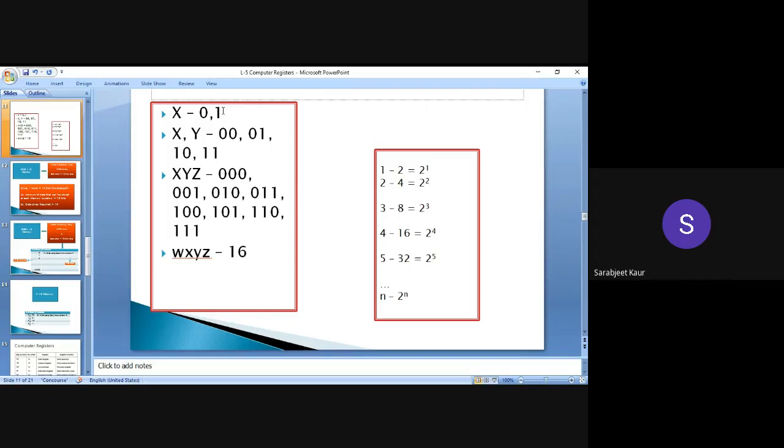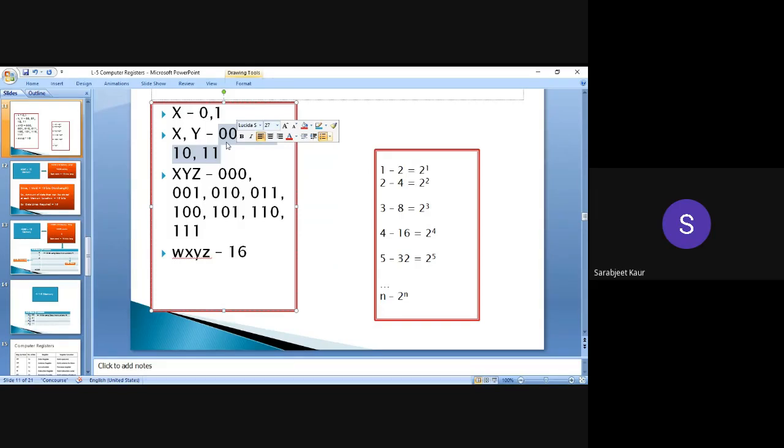Next, suppose my memory has only 4 locations. Then how many bits do I require to address these 4 locations? 2 bits. Once these address bits could be 00, the next time they can be 01, the other time they can be 10, and yet another time they can be 11, and we will be able to access all 4 memory locations.